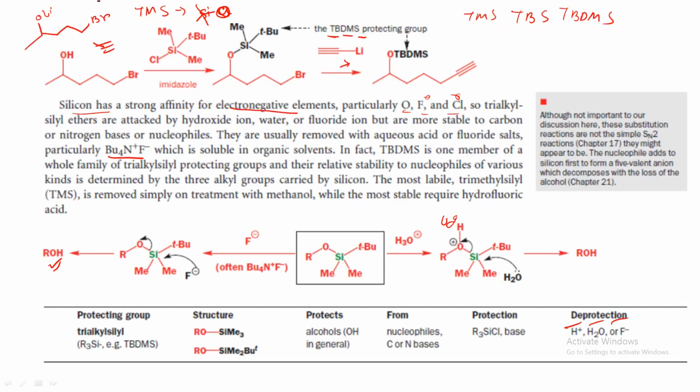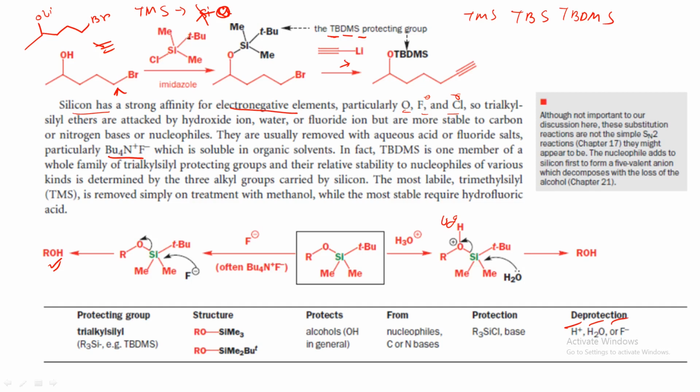So the protection chemistry. Let's say we have this kind of alcohol and bromine, and we only want to do a substitution reaction over this. Then we use this kind of lithiated species, but if we do not use a protection group, what will happen?